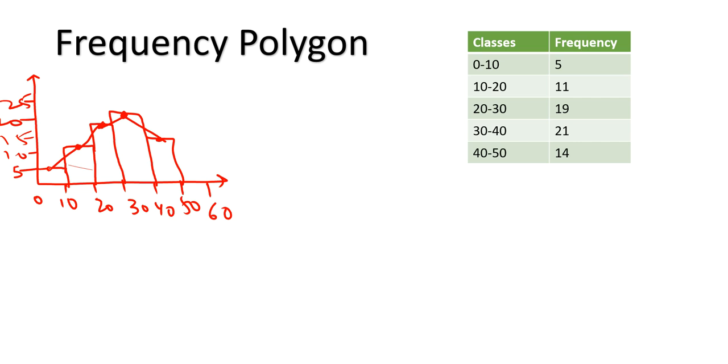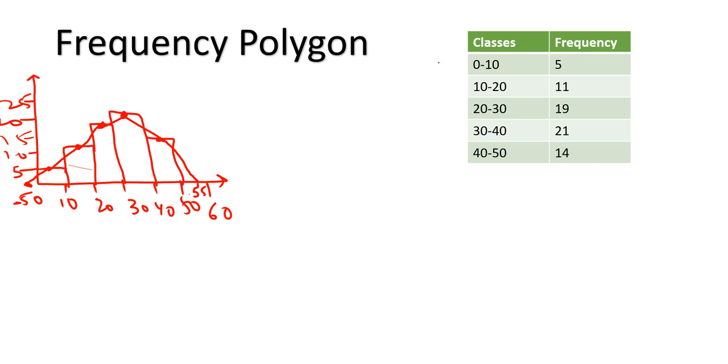And we'll join it till -5, and here I'll join this till 55. At 55, I'll join it. And so this is our frequency polygon.